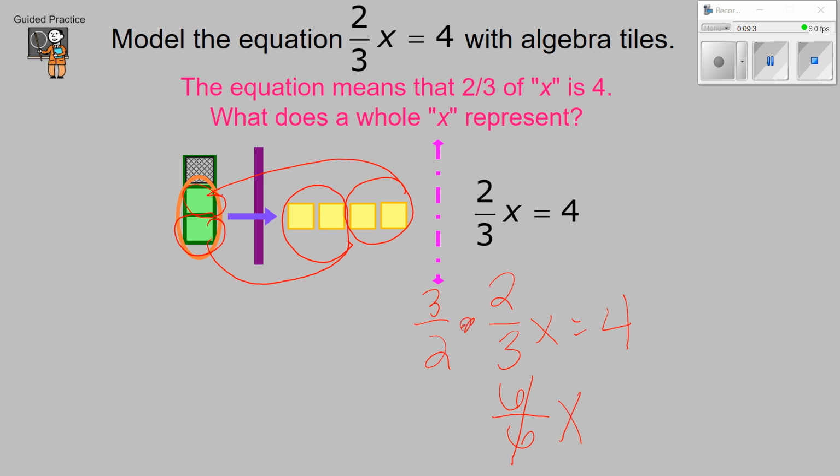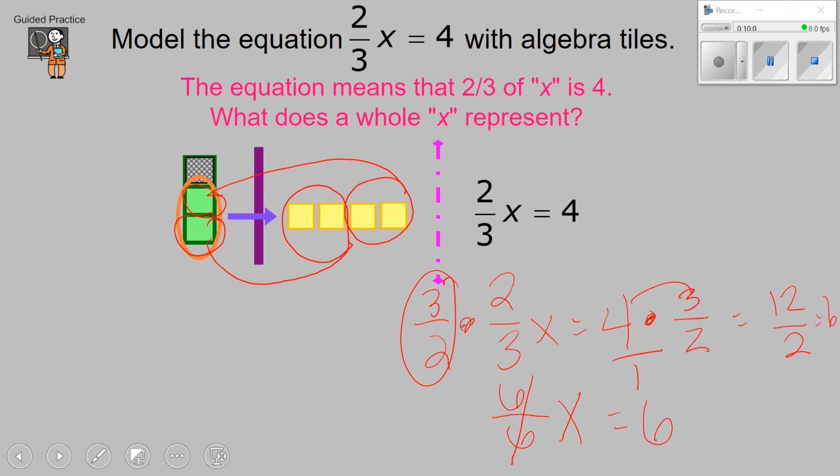So I'm left with x. But over here, I have to do the same thing that I multiplied with over here. So I have to do 3 over 2. Well, this becomes 4 over 1. 4 times 3 is 12. 1 times 2 is 2. 12 divided by 2 is 6. So we know that x equals 6. Okay?